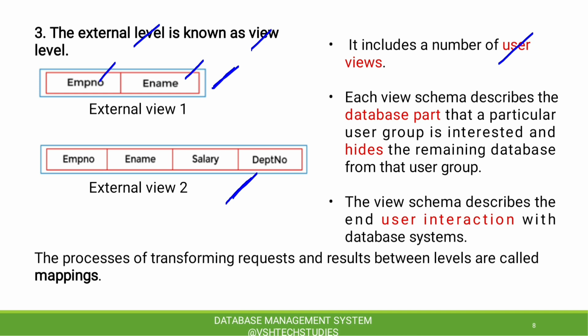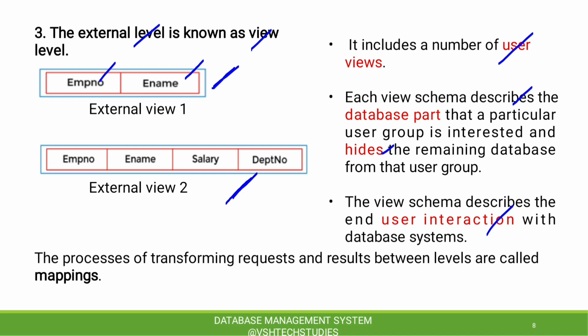So each view schema describes a part of the database. Here not all the 5 columns but a few columns, that is part of the table, are viewed by the viewers as per their interest, hiding the remaining columns. The view schema describes the end user interaction with database systems.